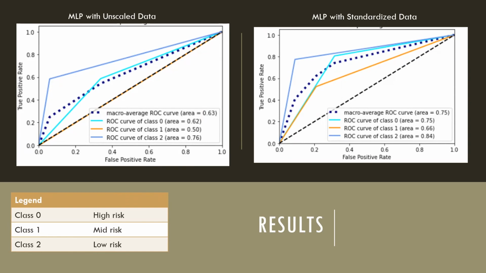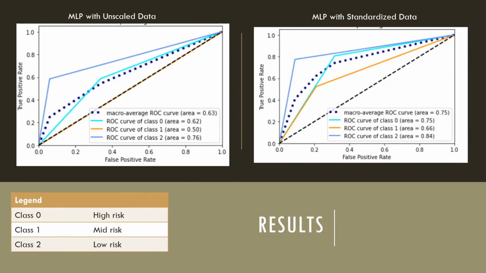A good rule of thumb when we're looking at the area under the curve of the receiver operating curve, also called AUROC, is that we're specifically interested in the area.